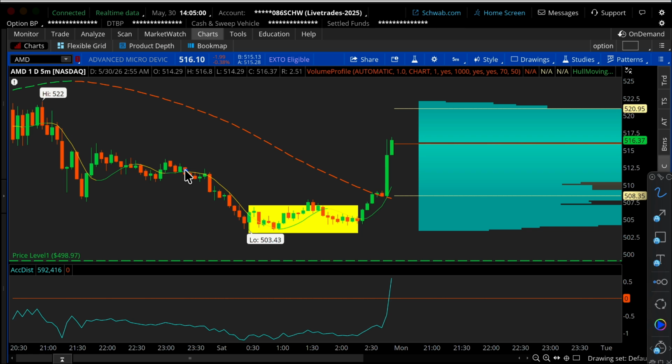Stocks breathe. They have a narrow state, they have a wide state, then they come back to the narrow state, and they come back to the wide state. This is a wide state between the 200 and the 20. Stocks always come back to a narrow state after leaving a wide state.